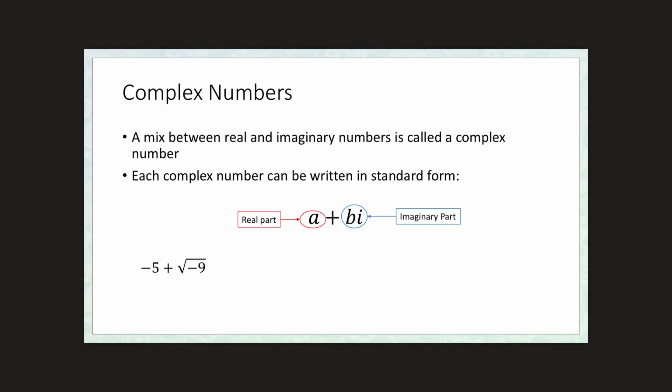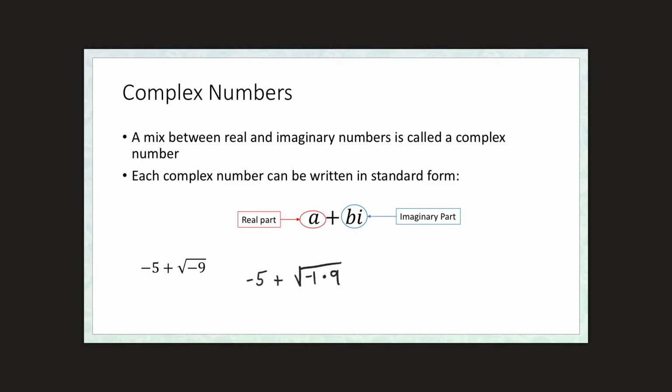We can rewrite an expression like negative 5 plus the square root of negative 9 as a complex number in standard form. The negative 5 real part will stay as is, while the square root of negative 9 needs to be written in terms of the imaginary unit i. So the square root of negative 9 can be written as the square root of negative 1 times 9.